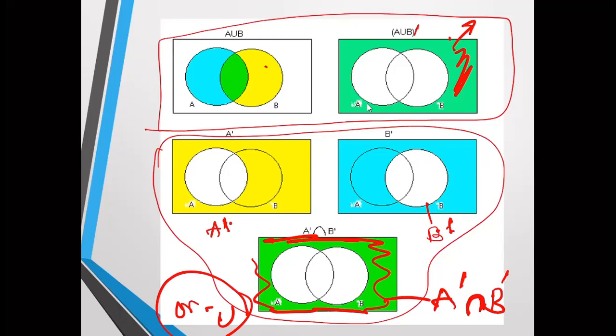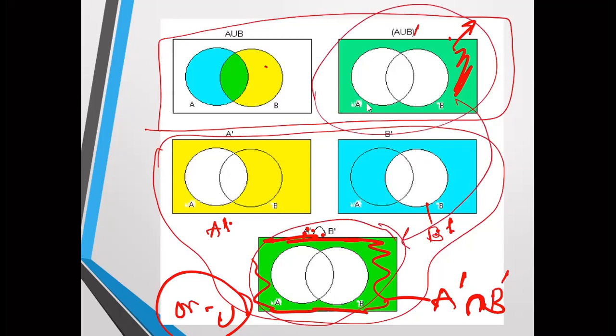A dash and B dash is given in the last diagram. A dash intersection B dash, or A dash and B dash. Finally, you can see that this one and this one are same.